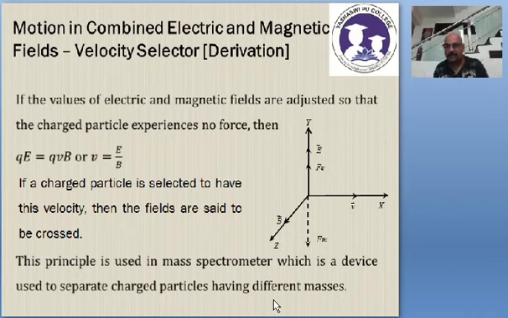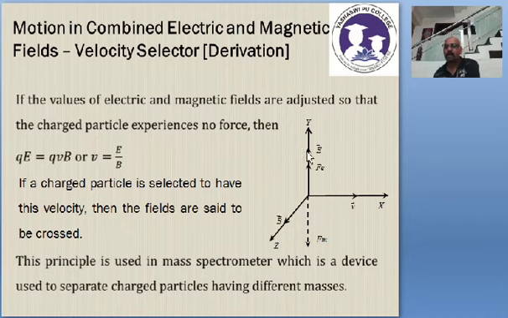So a charged particle moving in crossed fields experiences the magnetic force in one direction and the electric force in the direction opposite to it. Fe is the electric force experienced by the positively charged particle along the positive y-axis, and Fm is the magnetic force experienced by the positively charged particle along the negative y-axis.